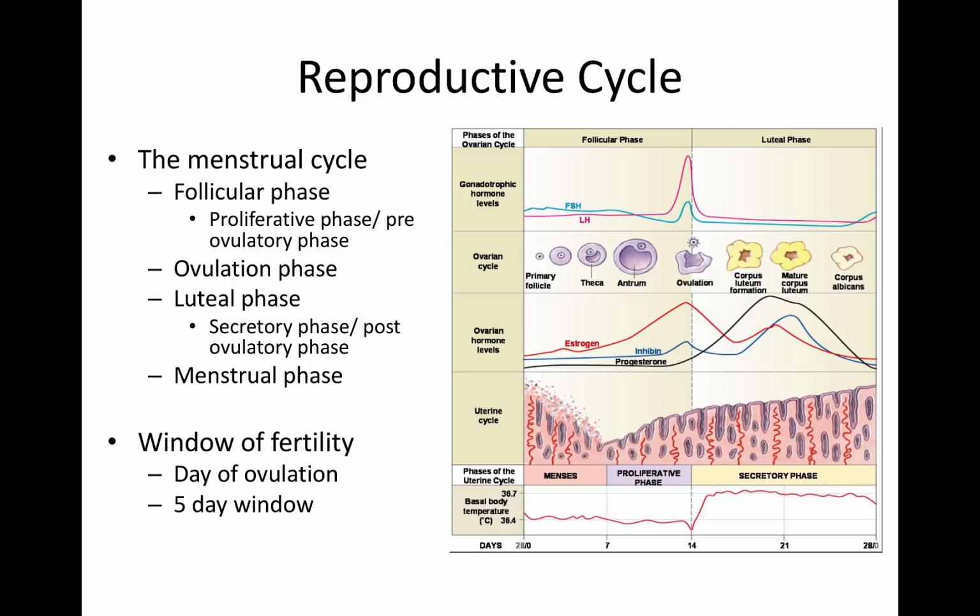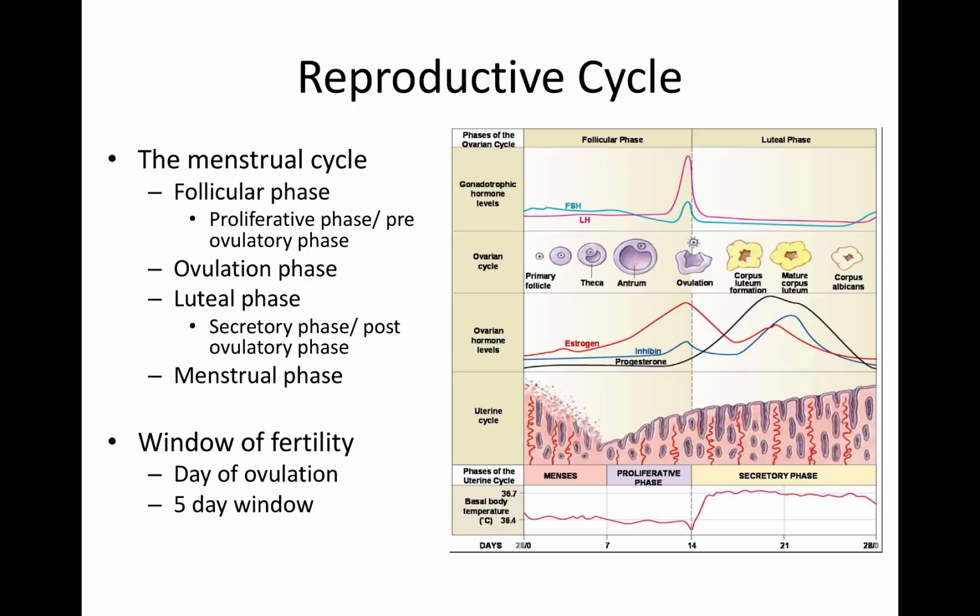Next, we move into the luteal phase, which starts on day 15. For this phase, the follicle transforms into the corpus luteum. In the absence of fertilization, the corpus luteum degenerates. This degeneration causes disintegration of the endometrium, again leading to menstruation, marking the start of a new cycle.